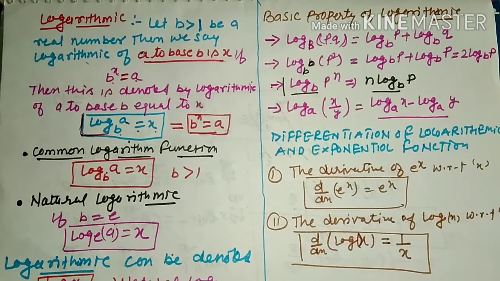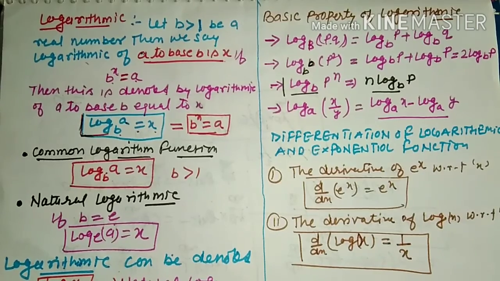This is the differentiation of log x. Clear? Log x का differentiation dy by dx is equal to 1 upon x. Clear? Now in the next video we will discuss the exercise of class 12th maths, the next exercise of differentiation.